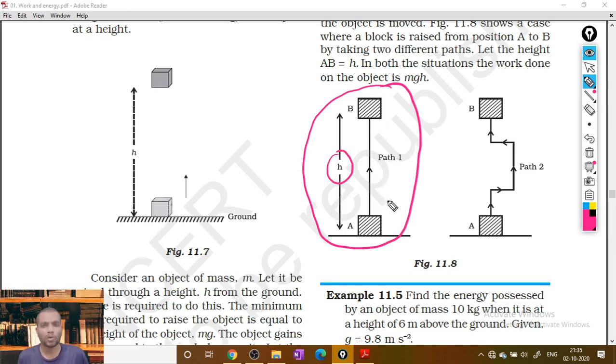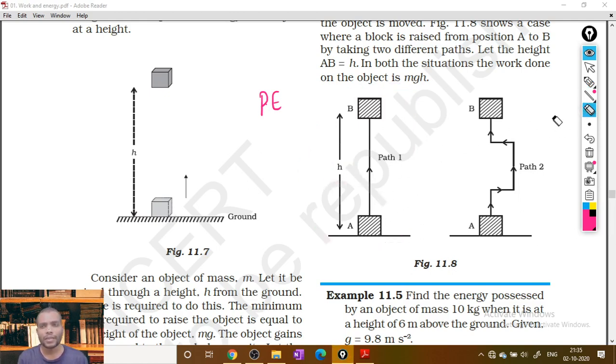It means you have to lift it, which means you need to do work. Whatever work we do consumes our energy. Now, the work I did will be stored in the object at that point in the form of potential energy.